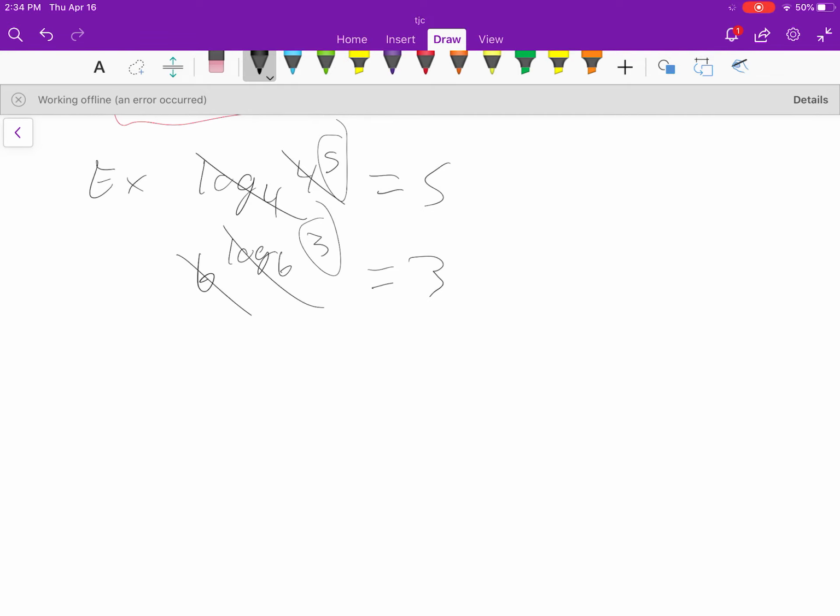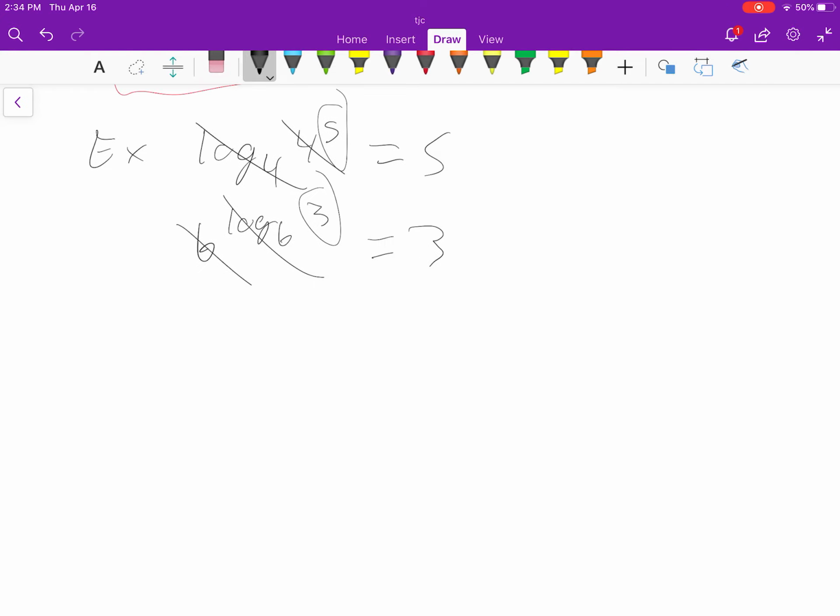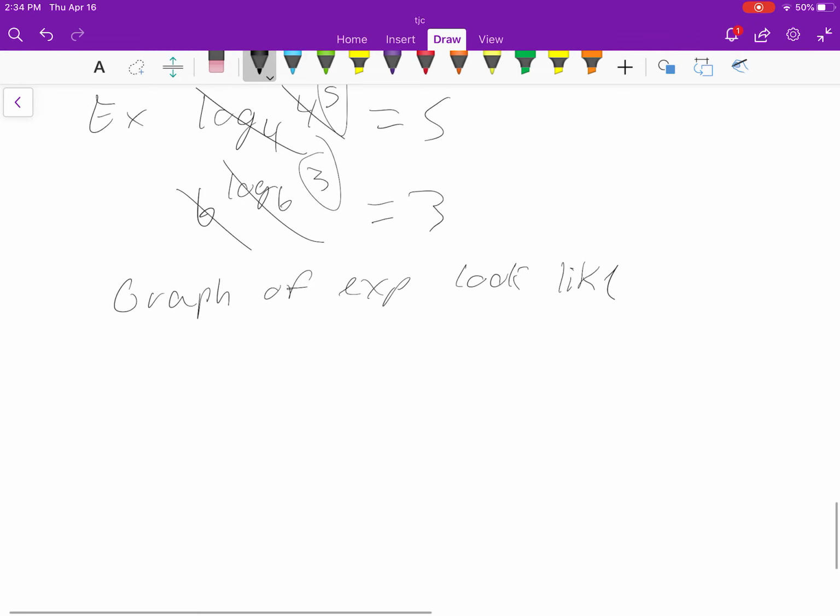Okay, so now we come to graphing. What does the graph of a logarithm look like? In order to graph a logarithm, we first need to look at an exponential.